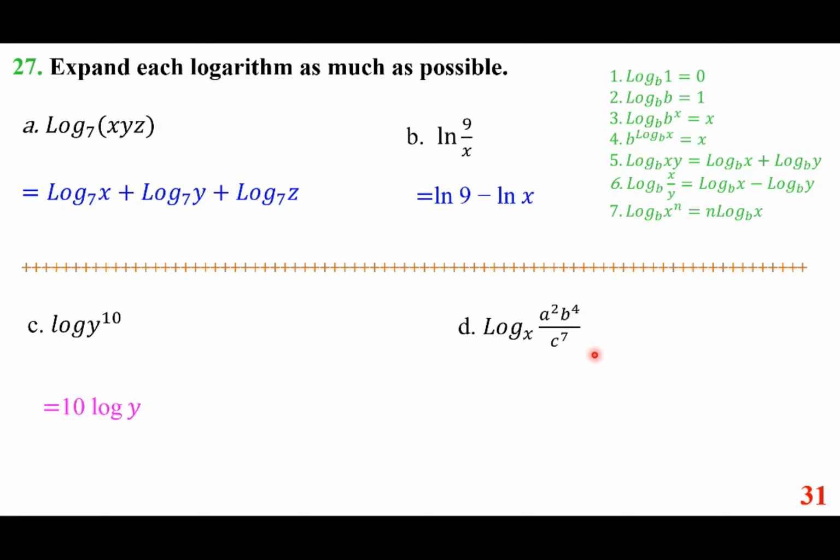We can do it in a couple of steps. So this is log of the top, a squared b to the power of 4, minus log of the bottom, which is c to the 7. And as always, use the same base. Whatever the base is, don't forget.